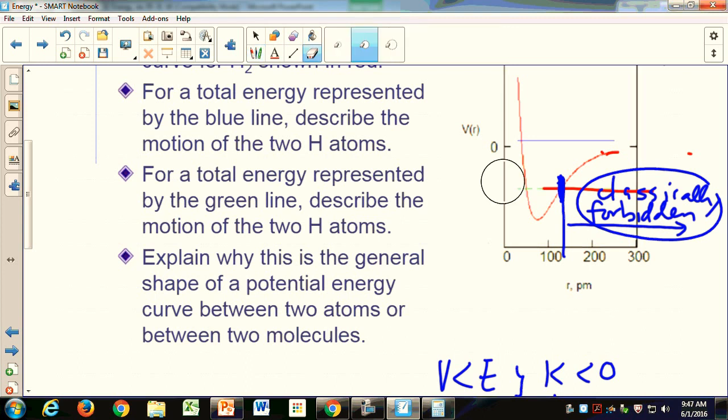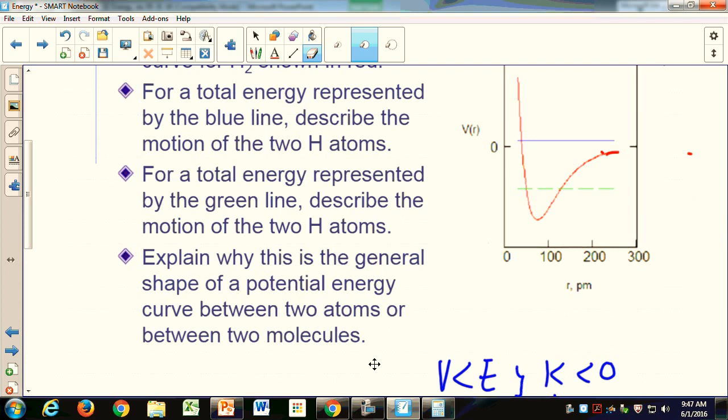Okay, so this distance right here is as far away from each other as they can get. And over here also your potential energy is higher than the total, right? So this distance right here is as close as they can get.